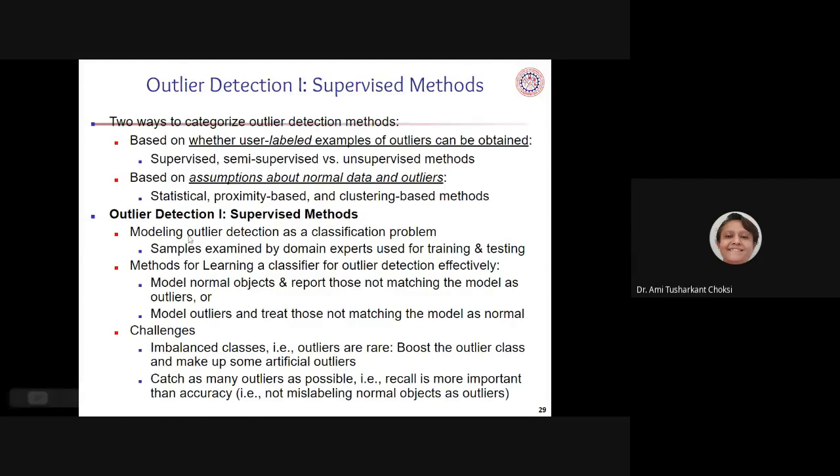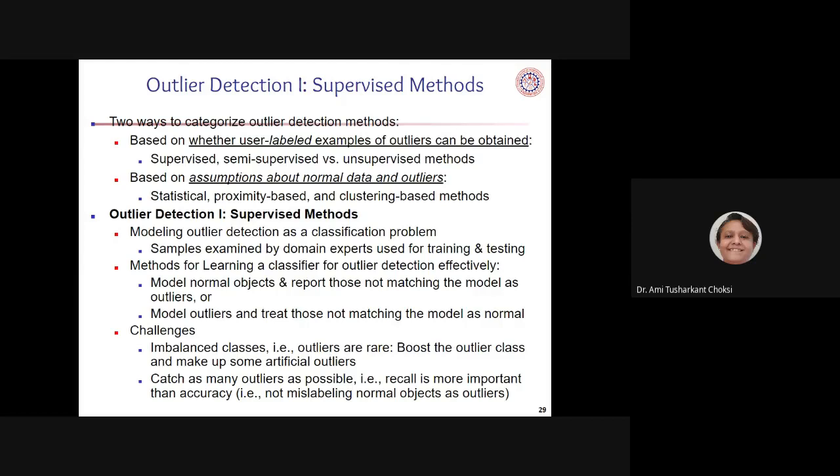The first way is based on whether user-labeled examples of outliers can be obtained. As we are talking of supervised methods of outlier detection, we consider the user-labeled examples. Whenever we talk of supervised methods, labels must be there.